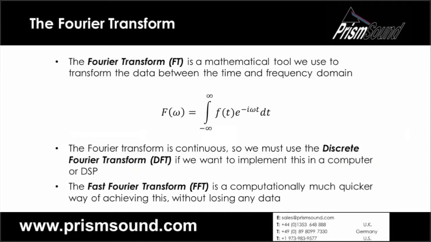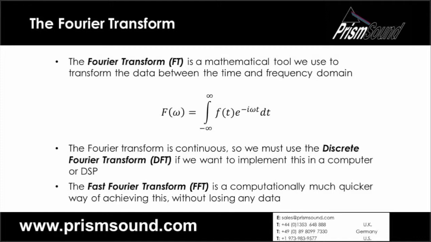Okay, so what is the Fourier transform? The Fourier transform is a mathematical tool that we use to transform our data between these two domains that I've just been discussing, and you can see the formula for it there. But the Fourier transform itself is actually continuous, so if we want to use our data in any kind of computer or DSP, we have to use what's called the discrete Fourier transform.